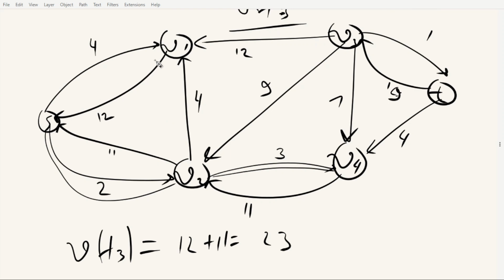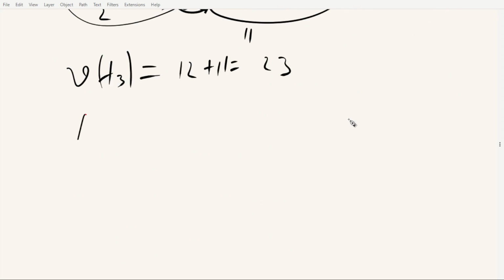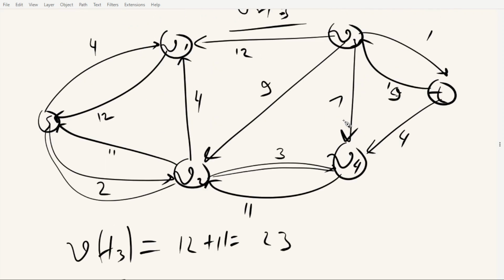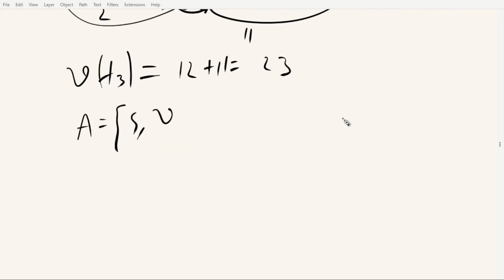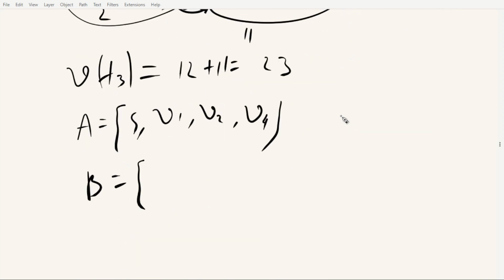So A is S, V1, V2, V4. We cannot reach V3 and T, so B is the remaining vertices, V3 and T.